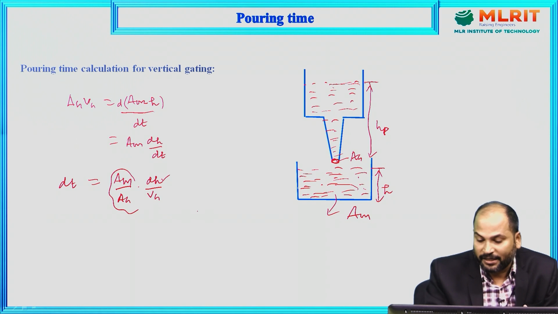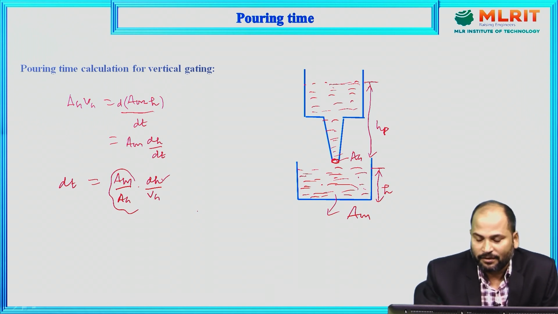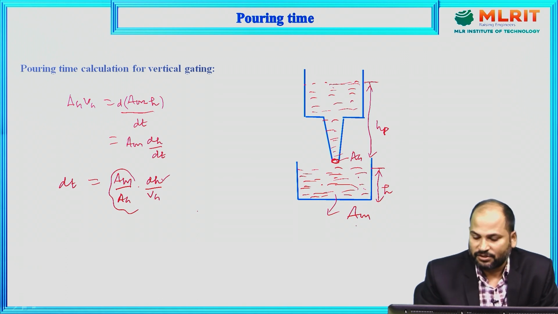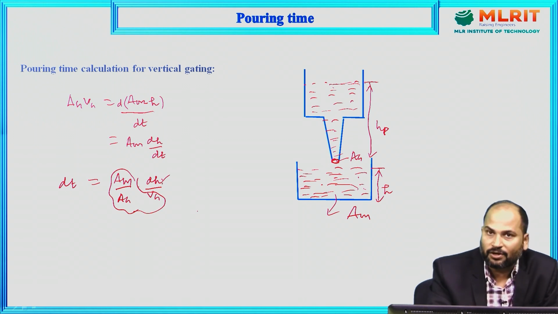We assume that area of the mold is constant, we can see from the diagram also, but it is not necessary always it will be constant. If conical shape is there, in that case this mold cavity cross sectional area will not remain constant. But here in this case we are assuming that the cross sectional area of this mold cavity is constant, that is AM is constant. So all these three terms are actually constant, which is not dependent upon H.